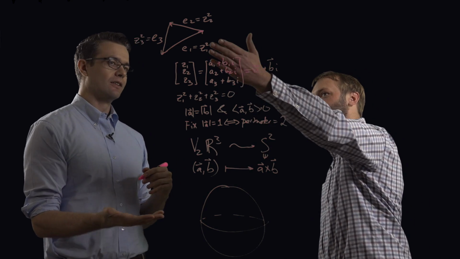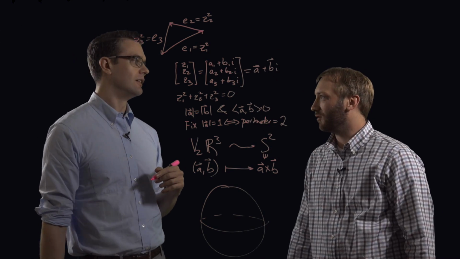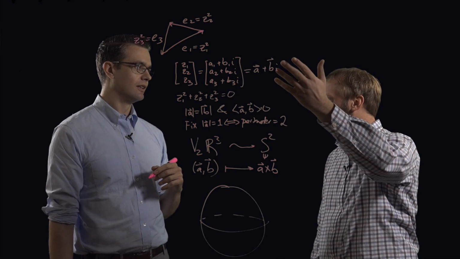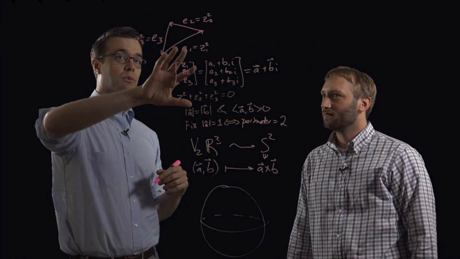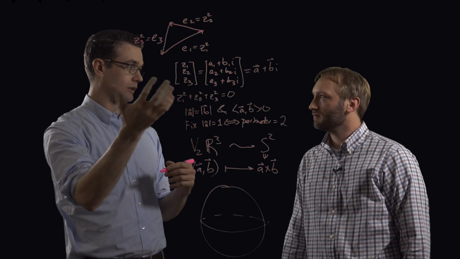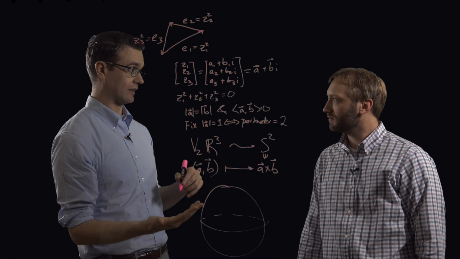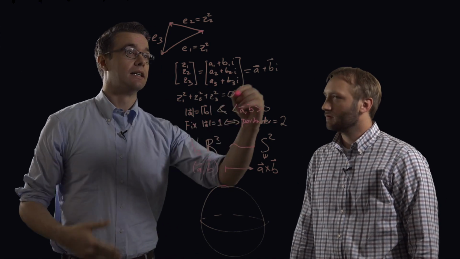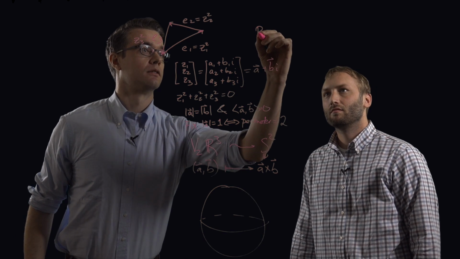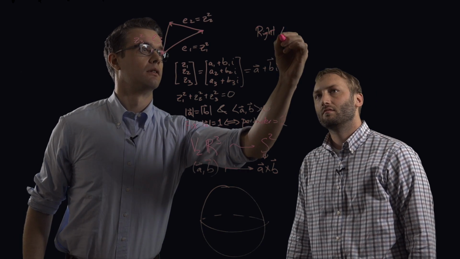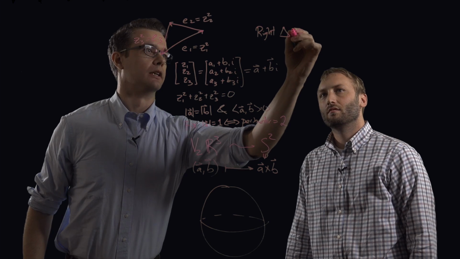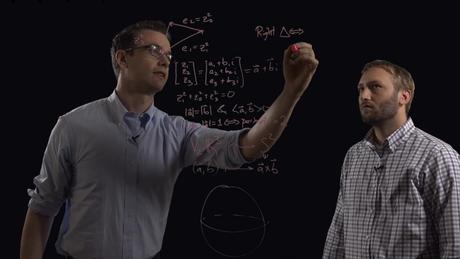Well, in terms of angles up here, or lengths via the Pythagorean theorem? Yeah, so for example, you could say, well, you're a right triangle if, so it's actually the converse of the Pythagorean theorem. The Pythagorean theorem is really an if and only if kind of a statement.